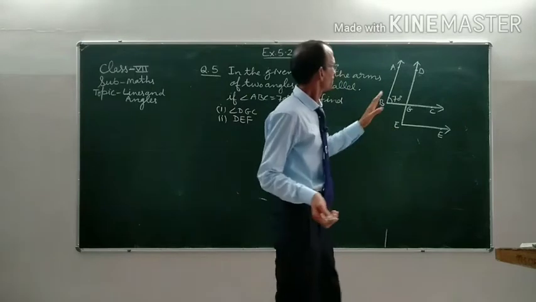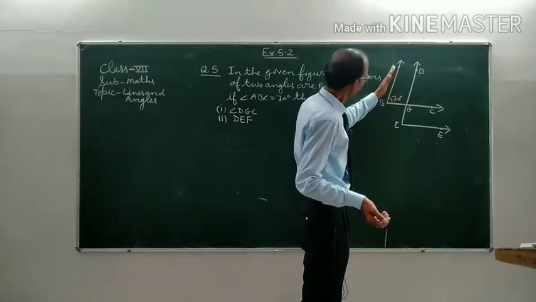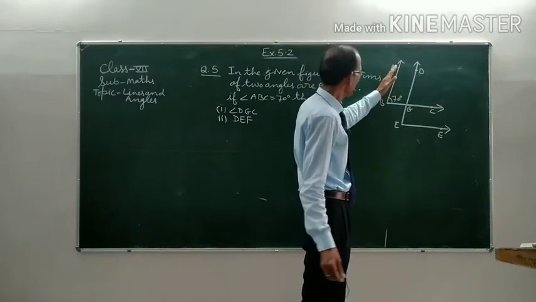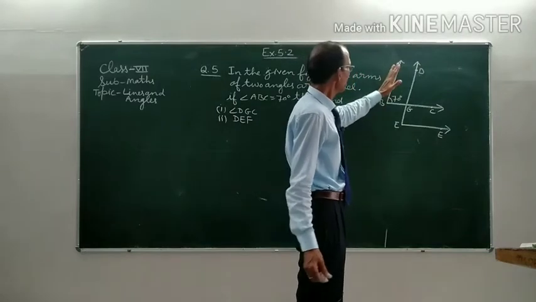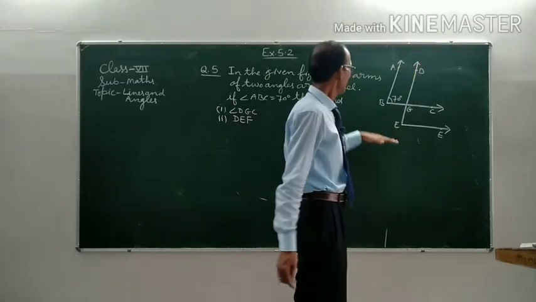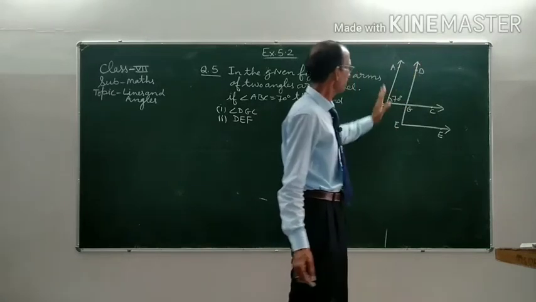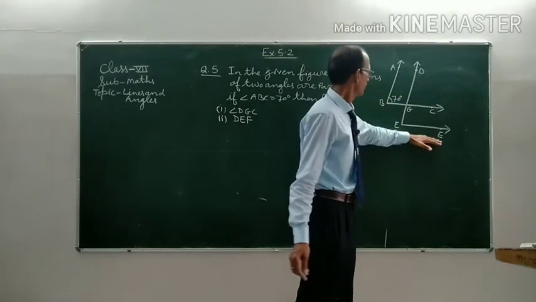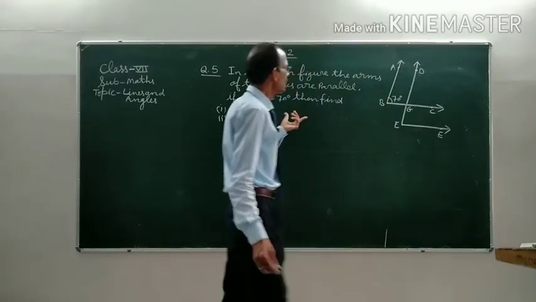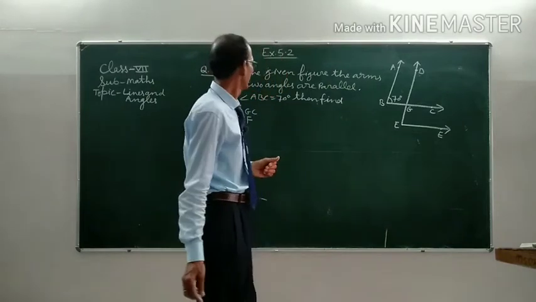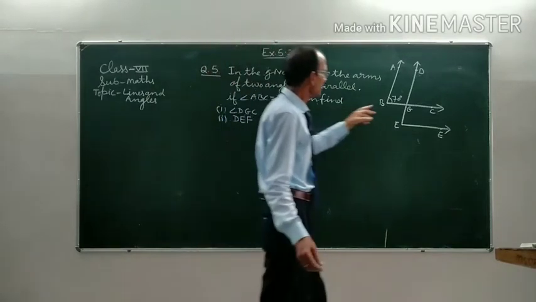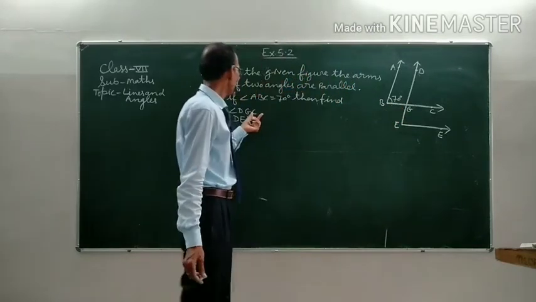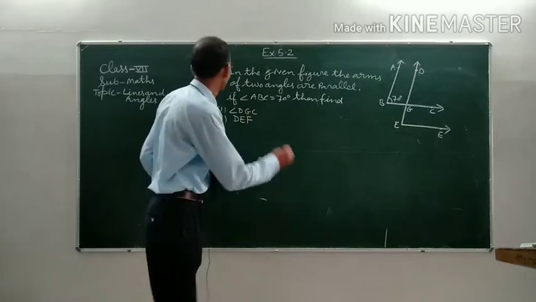As it is clear, arm AB of angle ABC is parallel to D, and arm BC of angle ABC is parallel to EF. Okay, arms of the two angles are parallel to each other, and angle ABC is given 70 degree. We have to find the angle DGC.